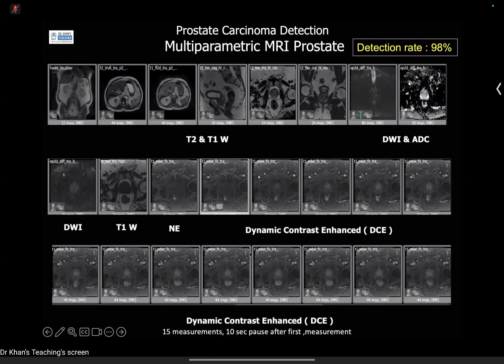Then we do dynamic post-contrast sequence. And this is the protocol and dynamic protocol where 15 measurements are taken, 10-second pause after the first measurement. So this is the protocol, but for your exam, T2 weighted sequence is where the exam will be.